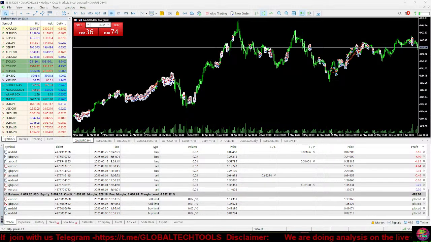Now I want you to remember, it is impossible to have a bullish market without a higher high and higher low. And it is impossible to have a bearish market without lower lows and lower highs. It is absolutely impossible.